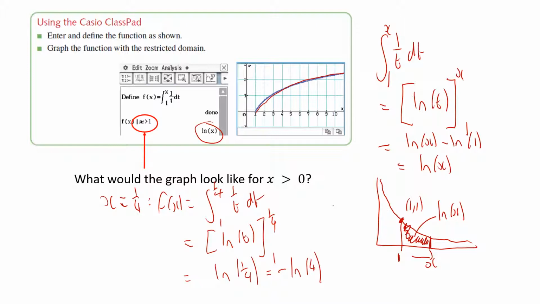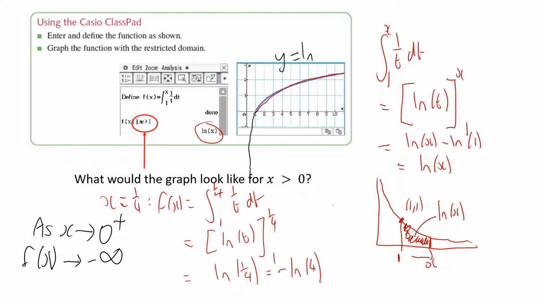And you can see as x approaches 0 from the positive side, as x gets smaller and smaller and smaller, a quarter, a tenth, 100th, etc., f of x will get larger in the negative direction, will approach negative infinity, okay? In other words, the graph, our net signed area graph, will start to resemble the full natural log graph.